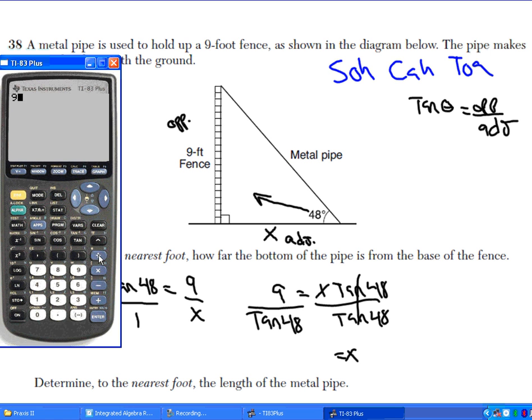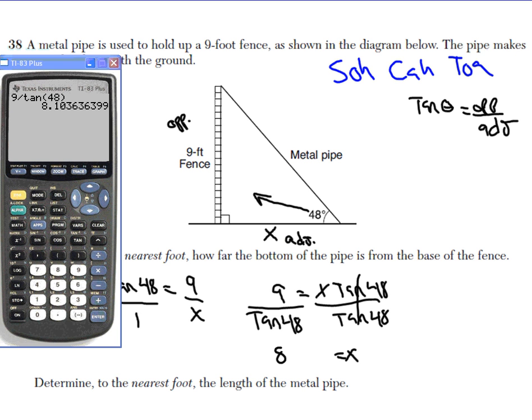So 9 divided by the tan of 48, and that's approximately 8.1. So they want us to round it to the nearest foot, so that means that we're going to get 8 feet. That's the first part.